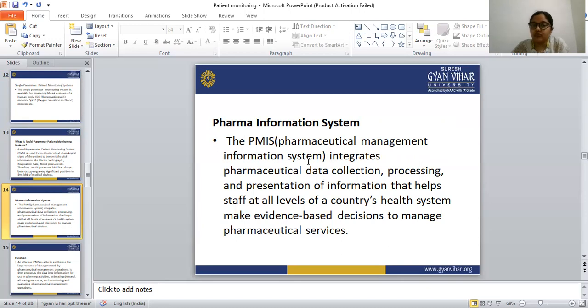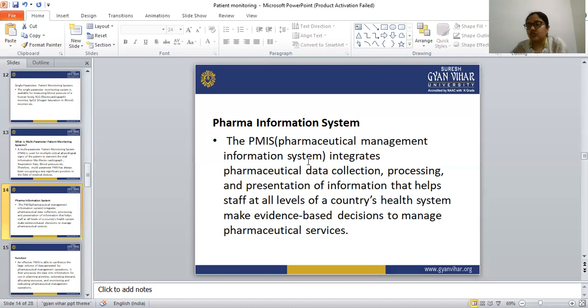Okay, so the pharmacy information systems are the computerized systems designed to fulfill all the needs of the pharmacies, and that is quite a complex system, which is used by the pharmacist to see how the medications are used in the hospitals.